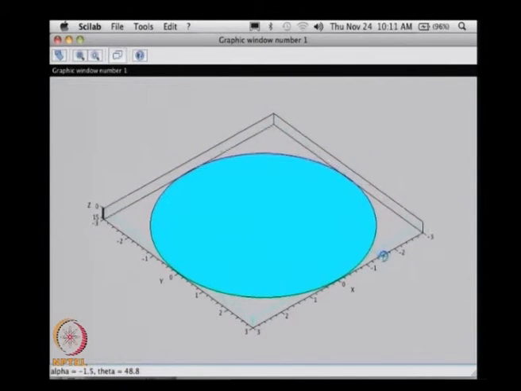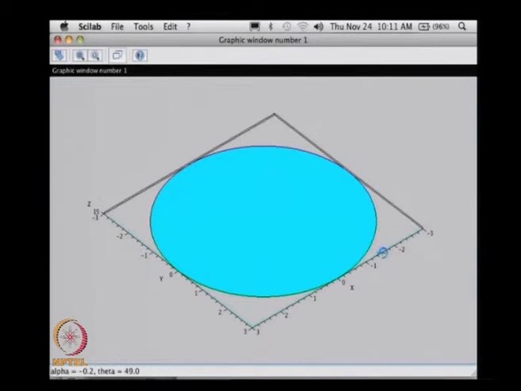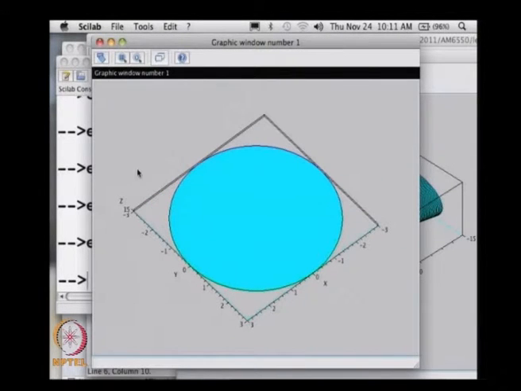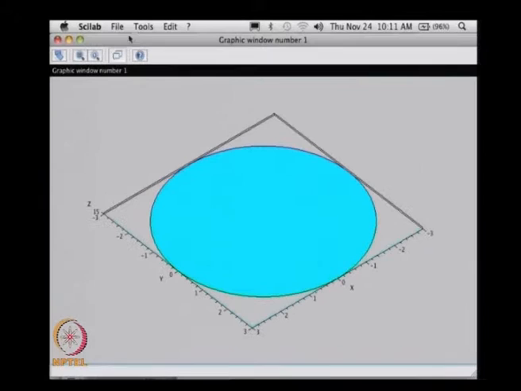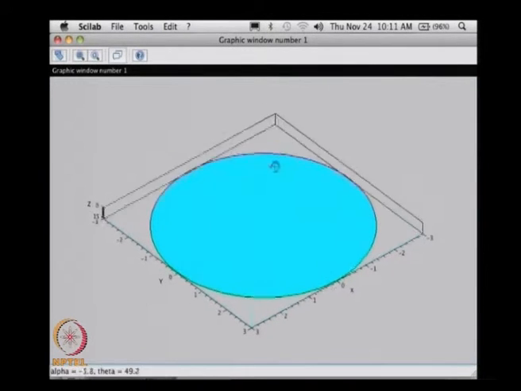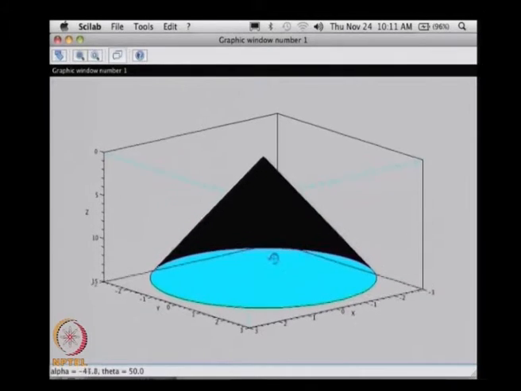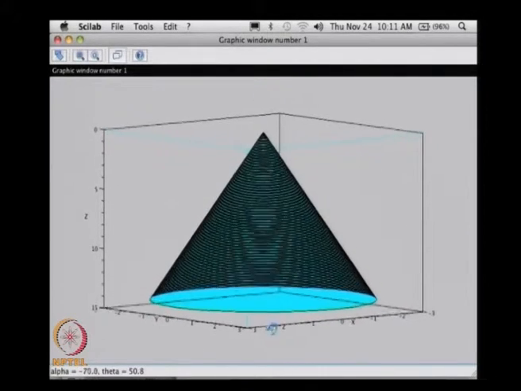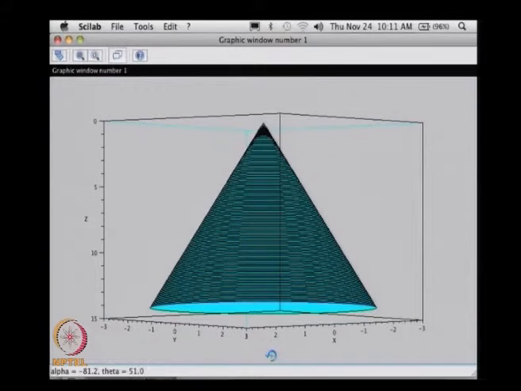If you just look at the base, it is just a circle, right? Again, if you turn this down, this is actually a cone, a 3D cone.